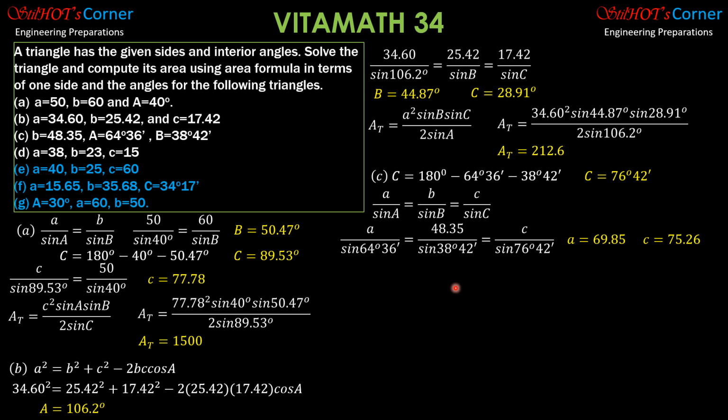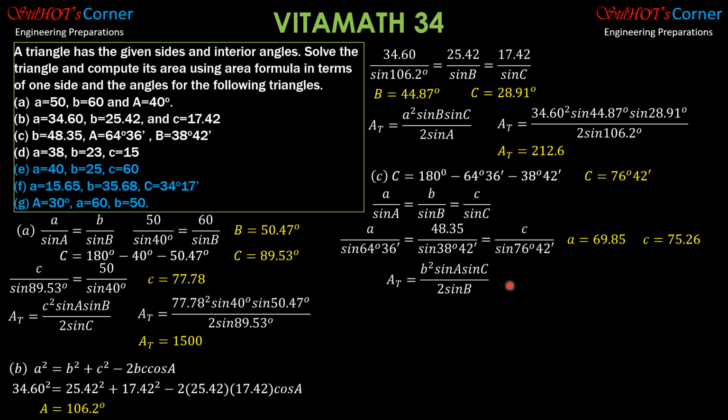Then area of triangle is equal to, let's use B square this time. Side B square, sine angle A, sine angle C over 2 sine angle B. So that all the formulas are well represented.